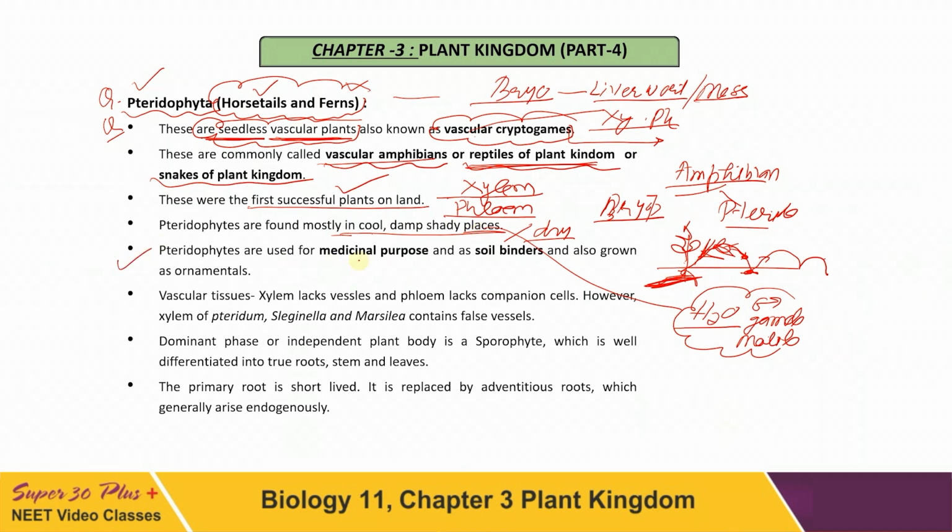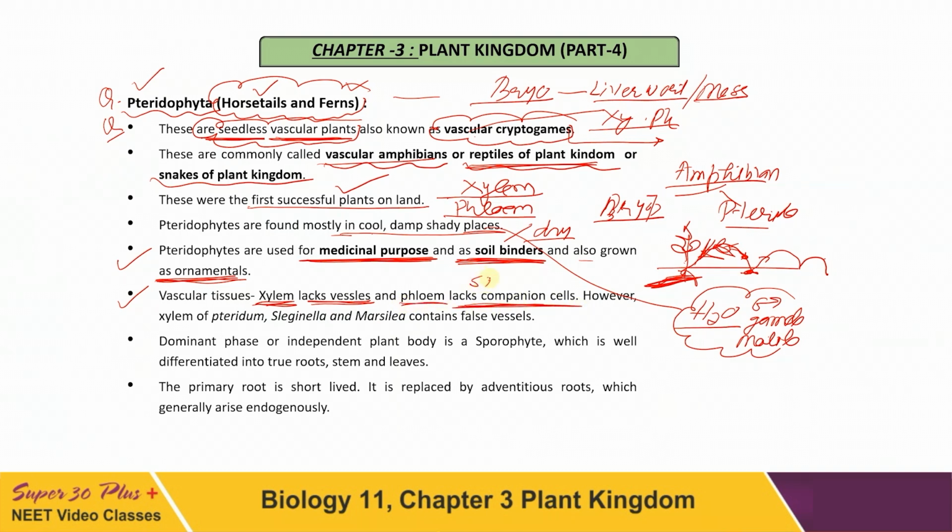Pteridophytes are used for medicinal purposes, and these are also used as soil binders and also grown as ornamentals. You see, their leaves are tender, beautiful leaves. That's why these are grown as ornamental plants also. Regarding vascular tissue, xylem and phloem are there, but in xylem the vessels are absent, and in phloem they lack companion cells.